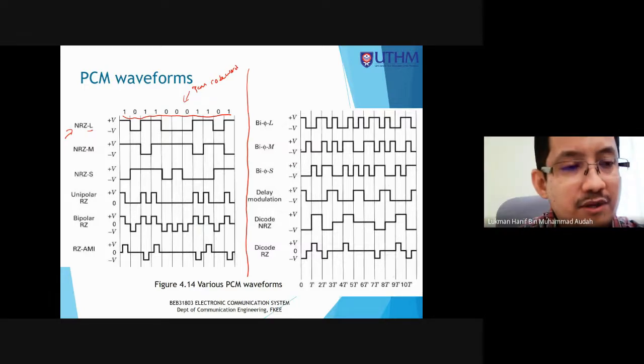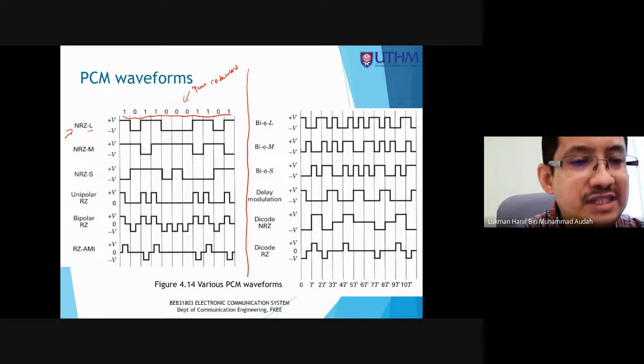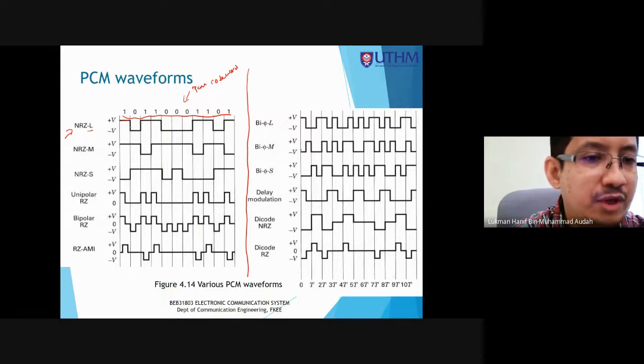So that means kalau you lihat di sini, logic 1 kita akan assign dengan positive output voltage. Manakala logic 0 we will assign with negative output voltage. Okay, positive output, negative output.